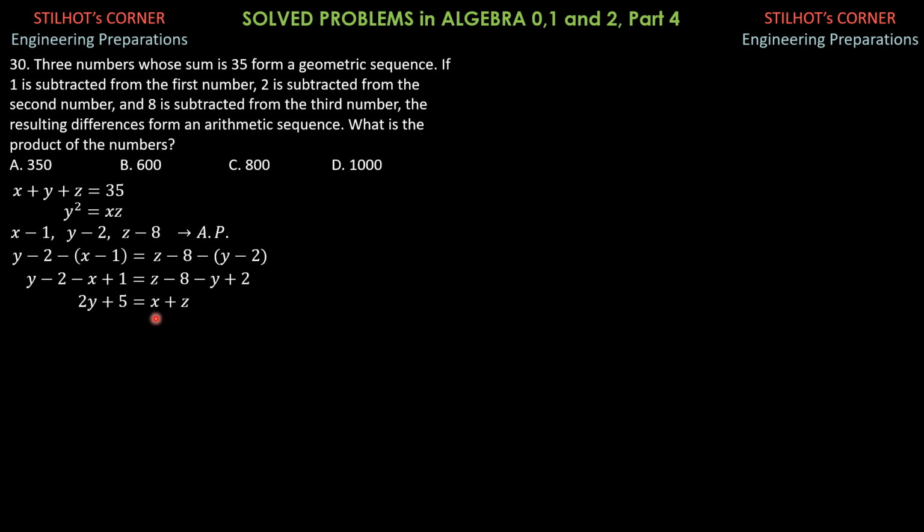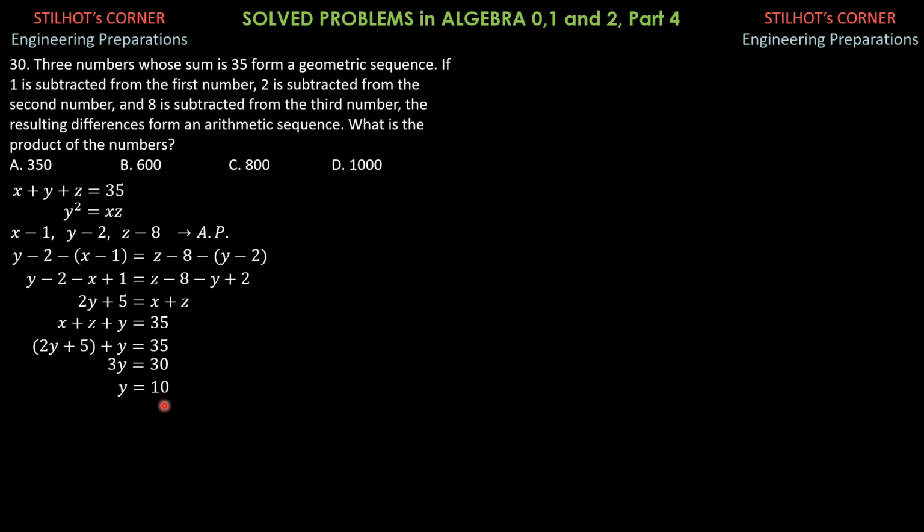Next, we substitute here. x plus z plus y is 35, so replacing x plus z, which is equal to 2y plus 5, plus y equals 35. 3y equals 35 minus 5, which is 30. Then we can now solve for y. y is equal to 10.